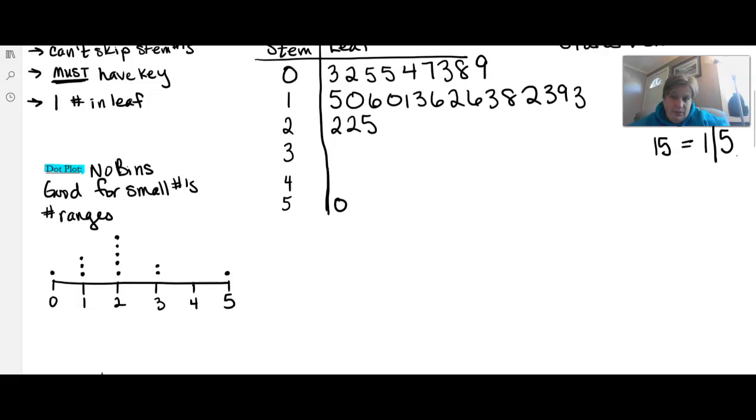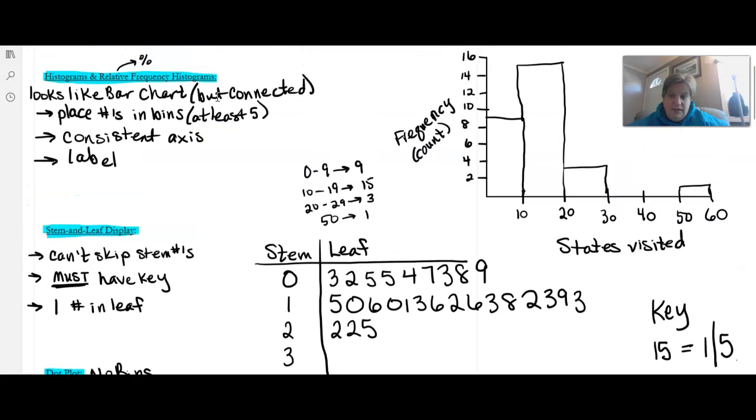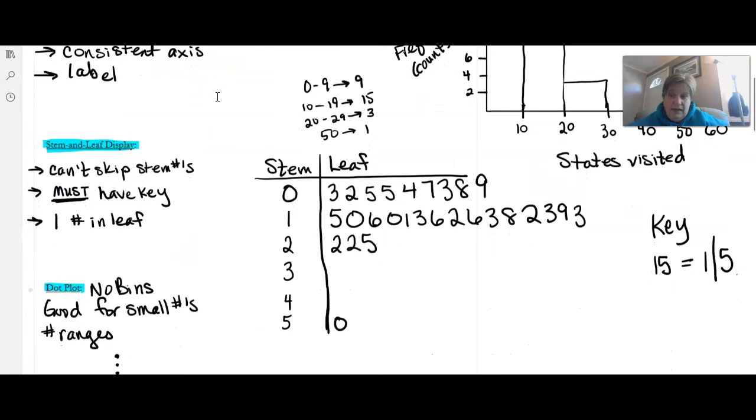You would never say, oh, that's too tall, I'm going to put a dot here. It does not work like that. You cannot do that. You have to make sure that you continue doing vertical. Okay? All right, so these are the 3 main types of graphs. There will be another type of display we learn in another video, but this one is just dealing with histograms, stem and leaf plots, and dot plots.